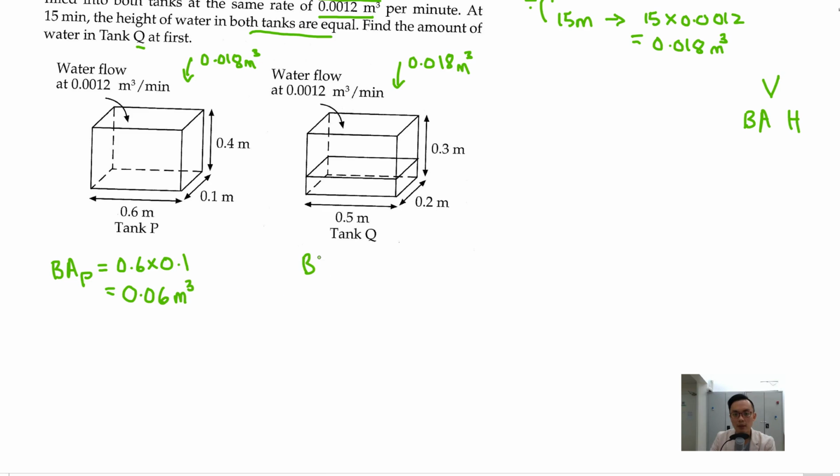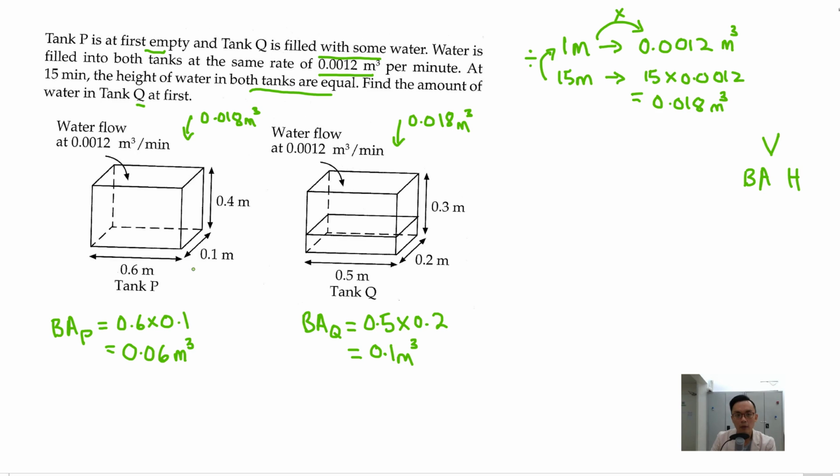My base area of tank Q equals to 0.5 times 0.2 equals 0.1 cubic meters. Okay, so for tank P, I have the volume, I have the base area, therefore I can find H.